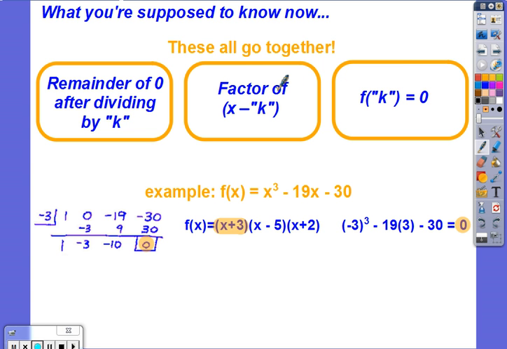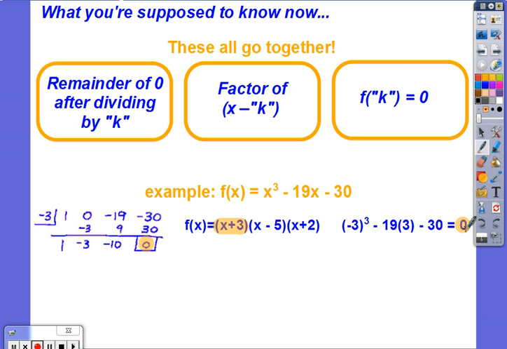They make factors. All of those go together, and that's what those big theorems were about today. And this is just that example that we did earlier. If you had an f of x, and dividing out a -3 gives you a 0, that implies that x plus 3 is a factor, and that means when we plug in a -3 we get a 0, and those things always go together. That's just kind of the idea.